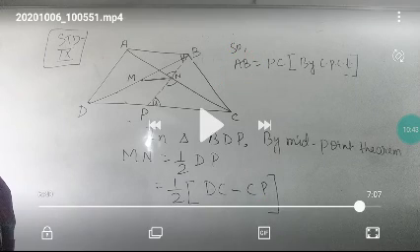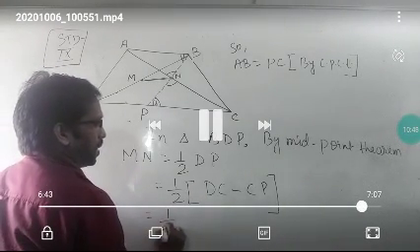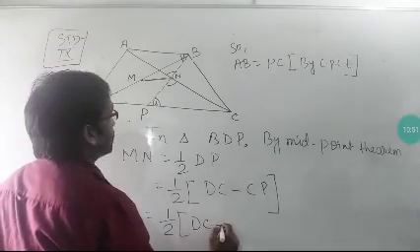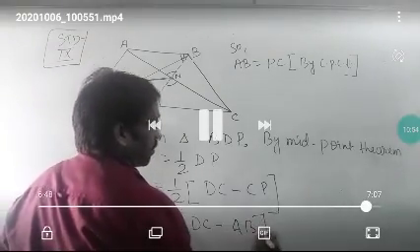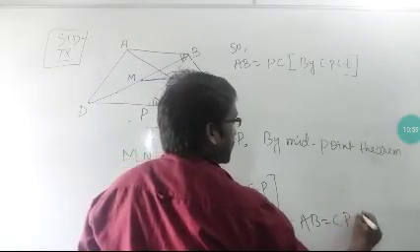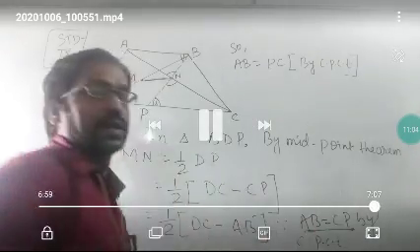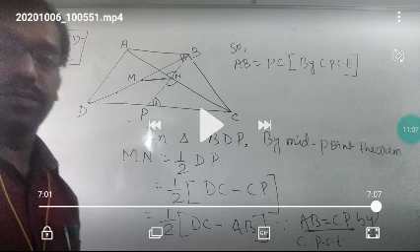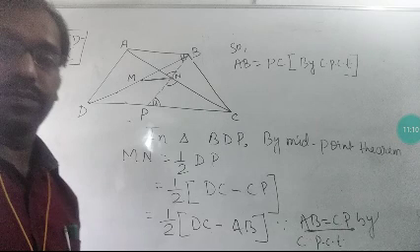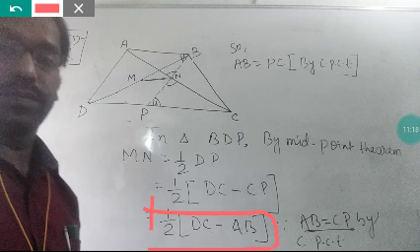So MN is equal to 1 by 2 of DC minus AB, and this is what we had to prove. So we have proved what we had to prove: 1 by 2 (DC minus AB), and we have also proved the first part, that MN is parallel to DC.